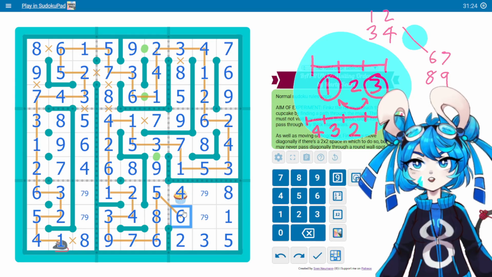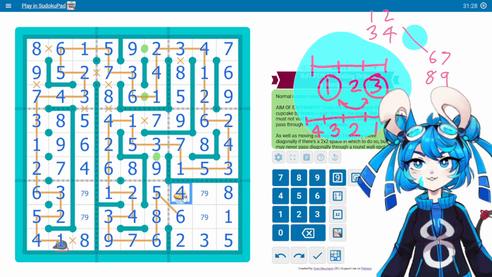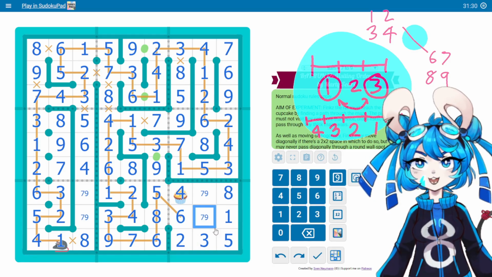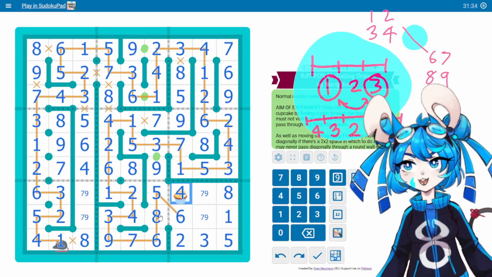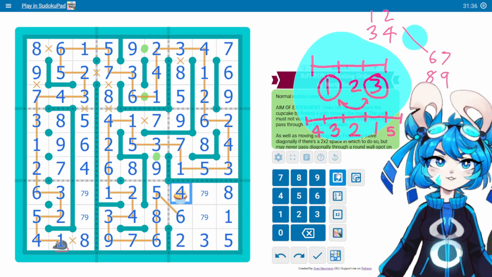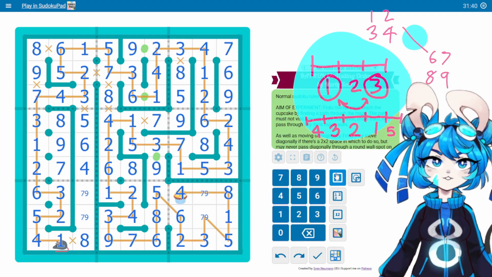So that could be 1, 2, 3, 4, 5, 6, 7, 8, 9. 2, 3, 4. And the 4th step, I think it has to visit all 9 cells. I think it has to go like this.